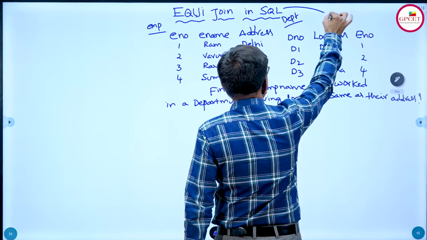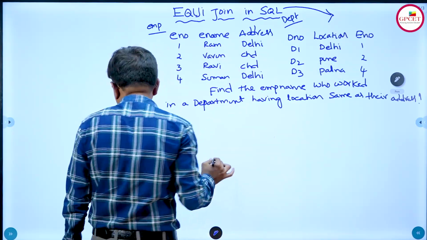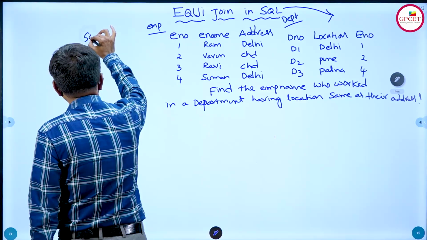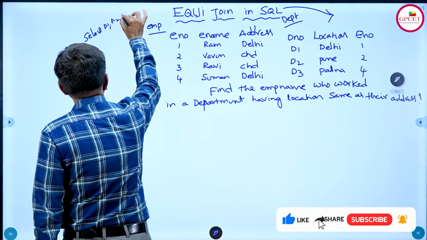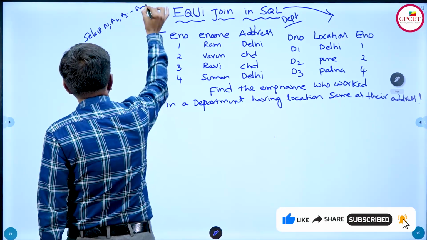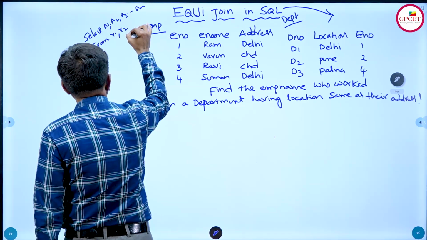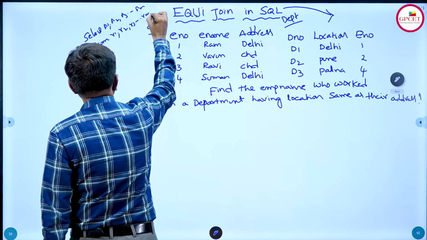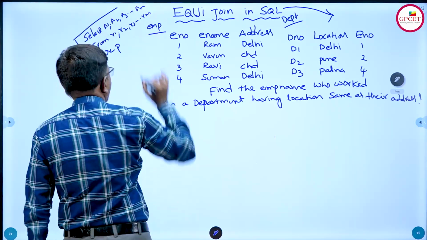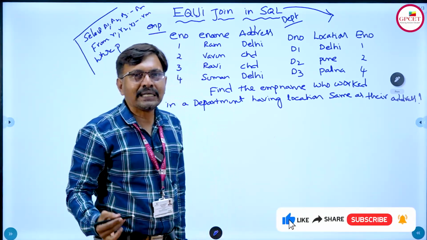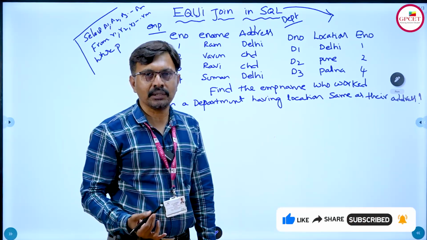SQL means Structured Query Language. What is the basic structure of SQL? SELECT A1, A2, A3 ... AM FROM R1, R2, R3 ... RM WHERE P. A1, A2, A3 are the attributes or columns.